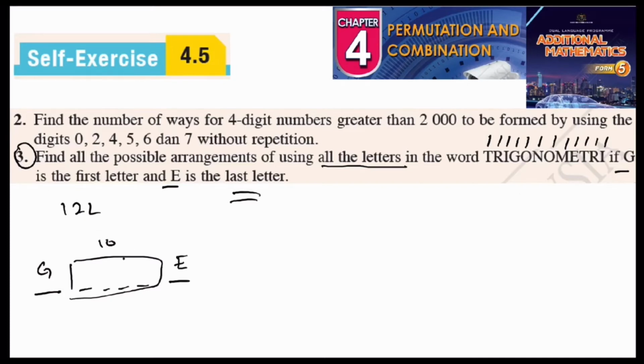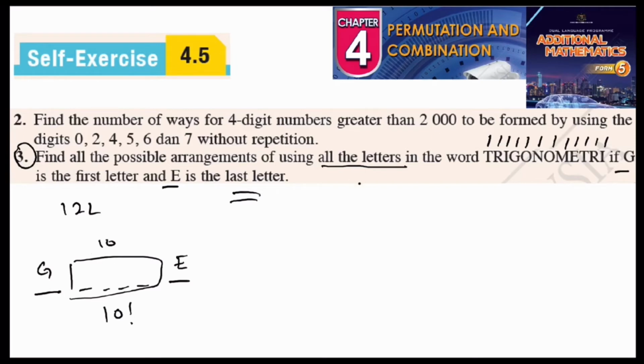Based on that, we also have to study whether there are identical objects or not. Without identical objects, it is 10P10 or 10 factorial. But if you look at the word trigonometry, it consists of letters which are identical.